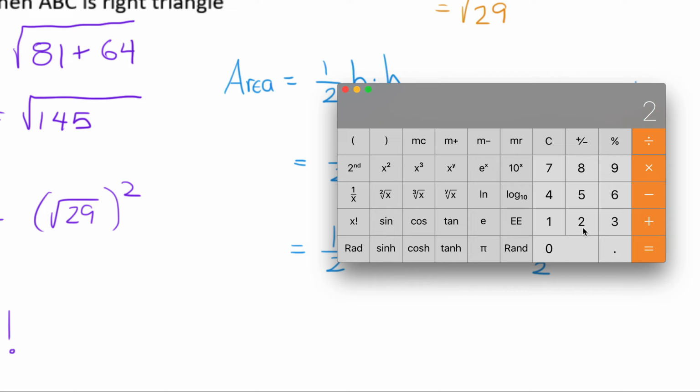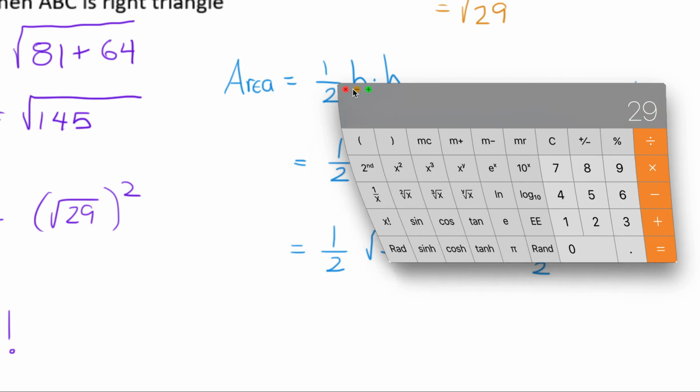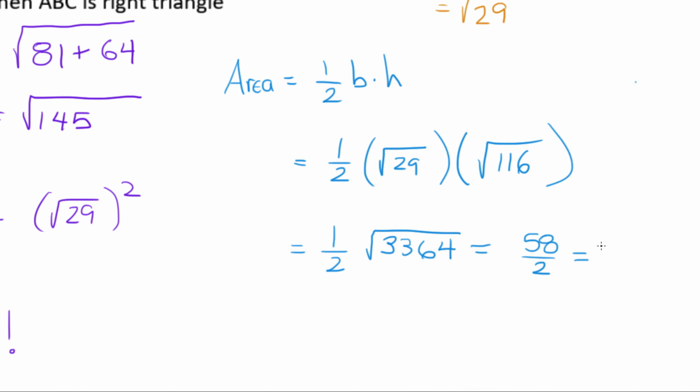Divided by 2 is 29. Oh, glitches again. Why is it not working now? It froze. Well, at least it froze on the last step because that's the answer.